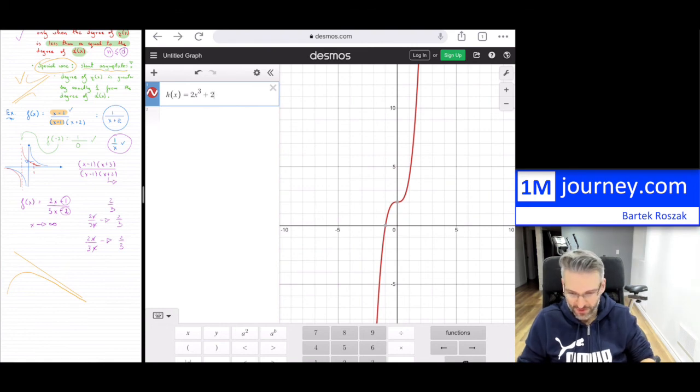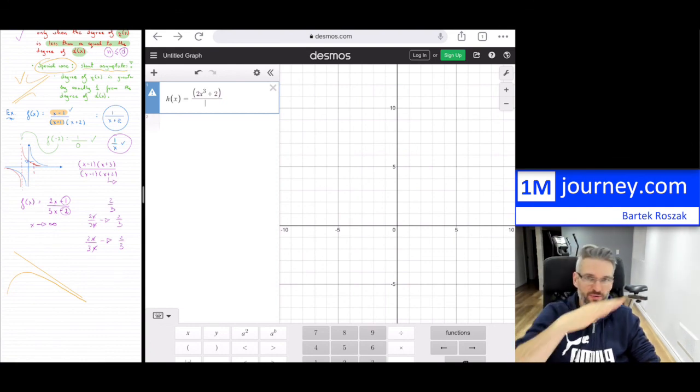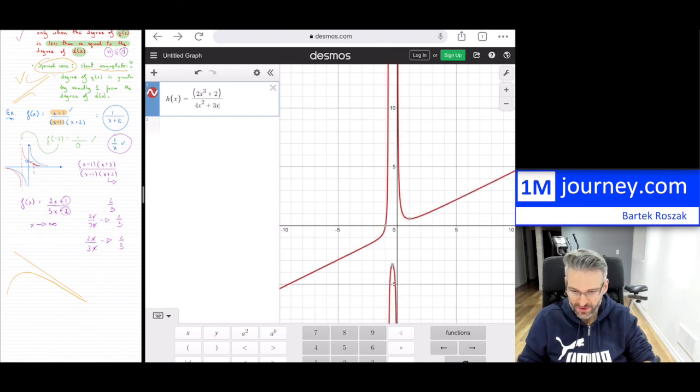That's going to be our numerator, all over, now we need it to be 1 degree less, because if it's 1 less, we're going to get that slant. So it has to be some kind of quadratic. So x squared, let's make it even more complicated, plus 3x or something like that, minus 1.